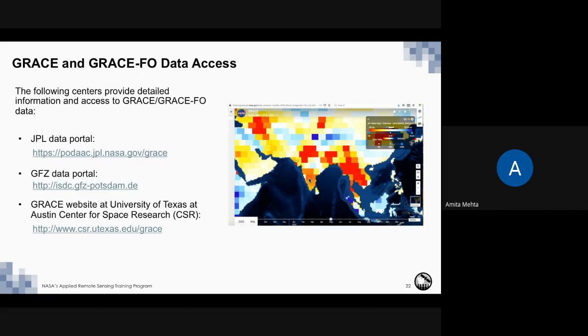As you go forward, if you go through this tool and look at the time series, you will see it does vary. After monsoon, you will see some of these anomalies decreasing, but every year in spring, summer, you do see this depletion of groundwater over the majority of India.